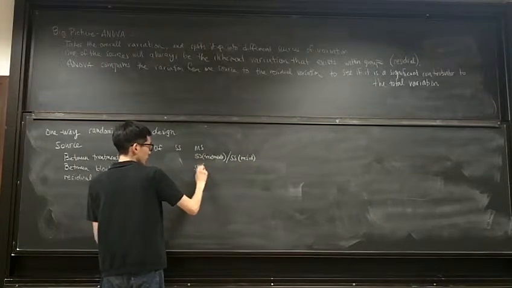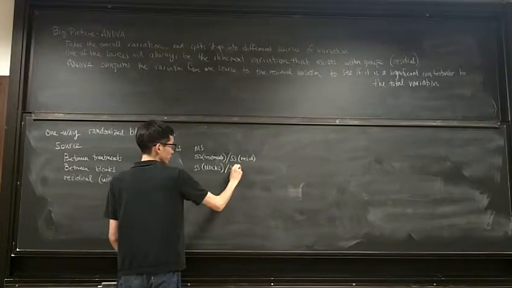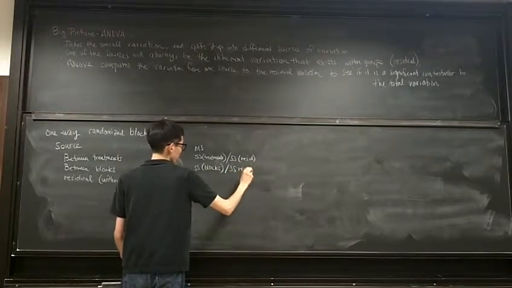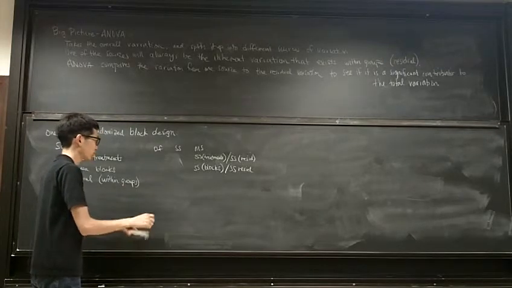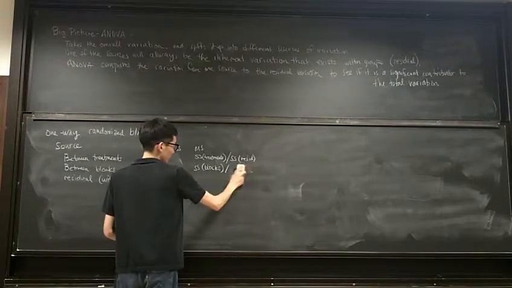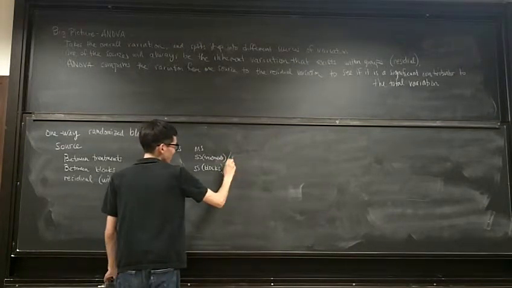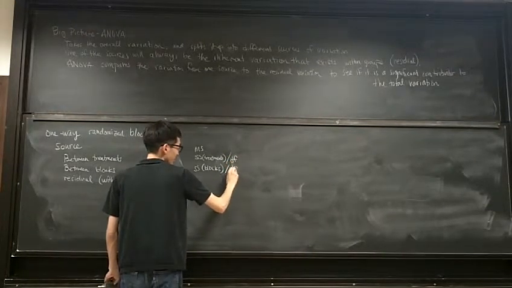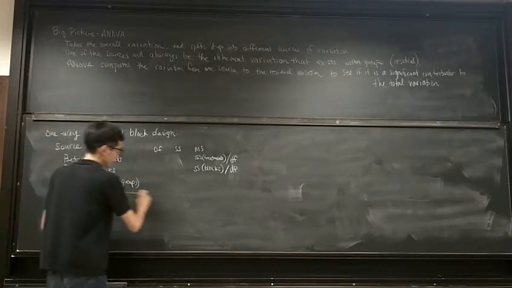This one's sum of squares due to the blocks divided by sum of squares residuals. No, that's not the mean squares. That's my F ratio. All of these, I apologize. Mean squares is always sum of squares divided by degrees of freedom for that.